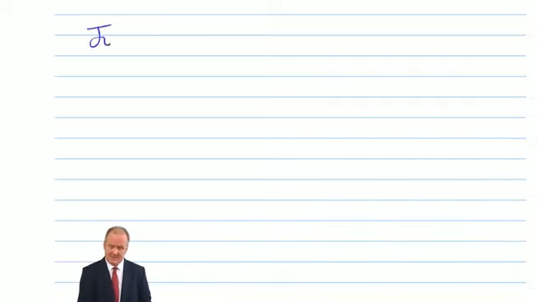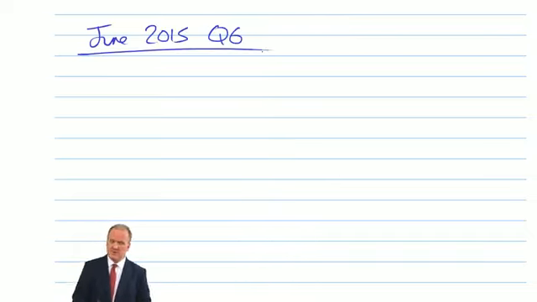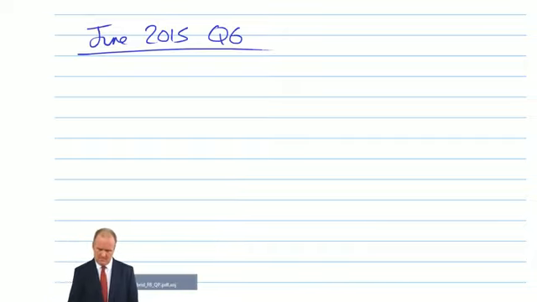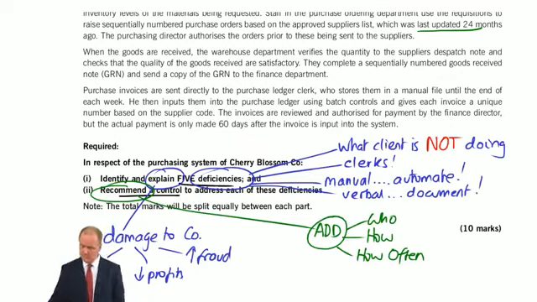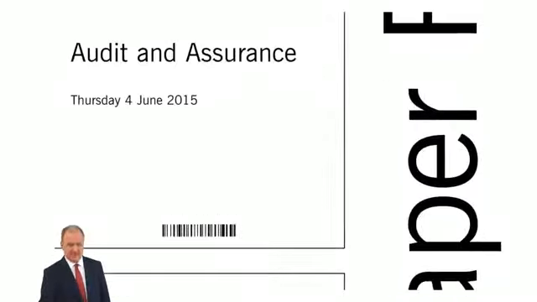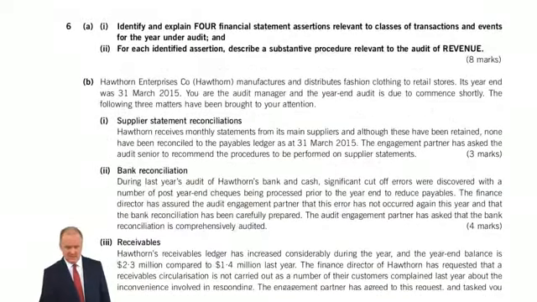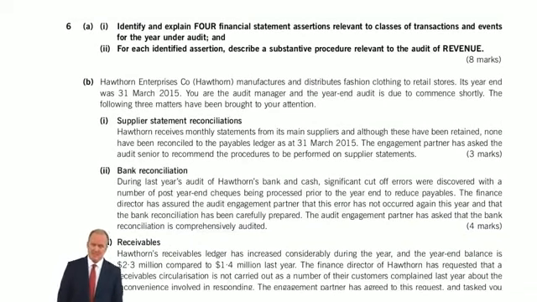We've done question 2 and question 4, and I seem to be in the mood for even numbers tonight because now we're going to do question number 6. So just to prove I'm not making this up, there we go, June 15, all the way through to the end, question number 6.